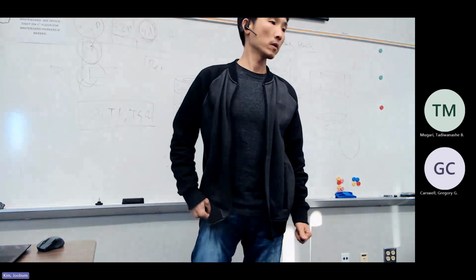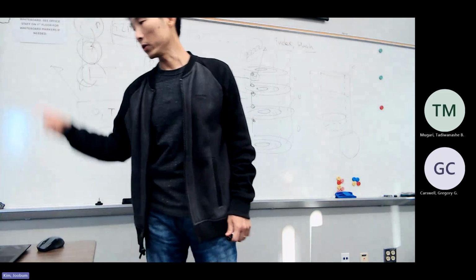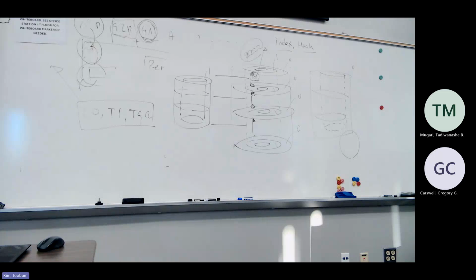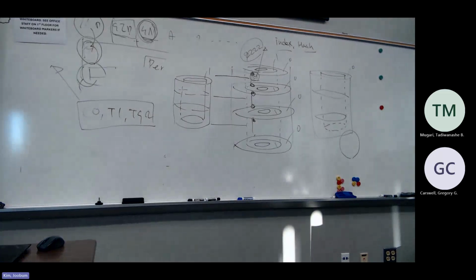So instead of the simple linear index, we use a B plus tree index. You know the tree data structure?